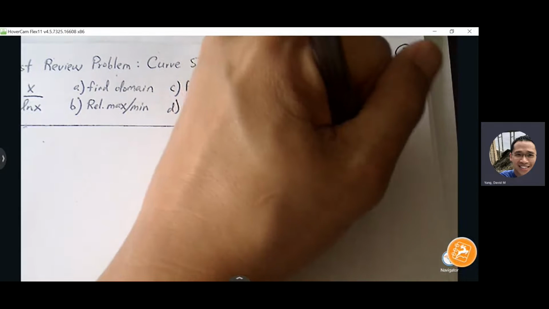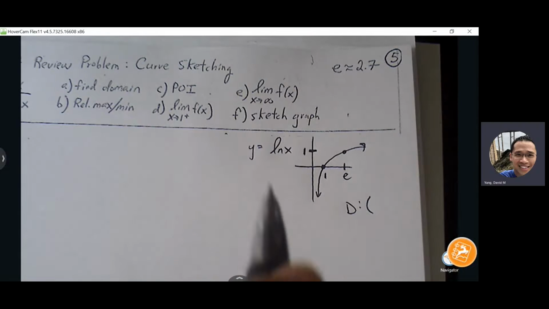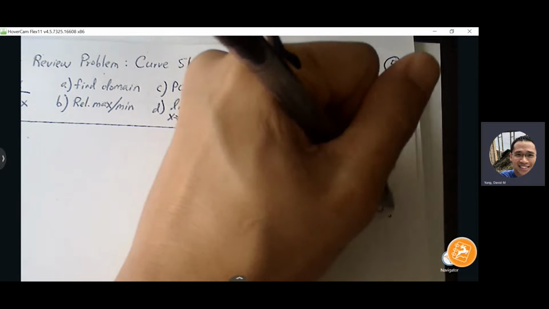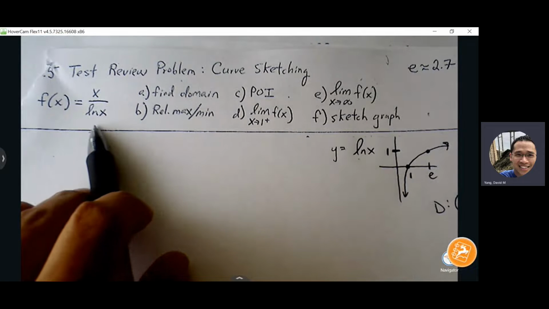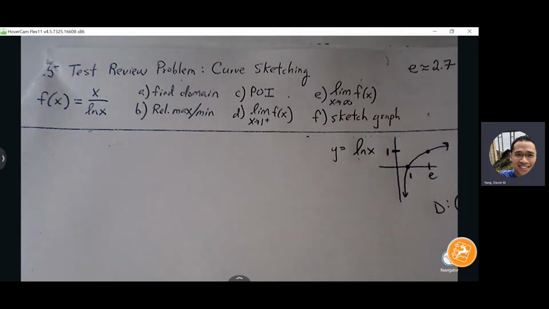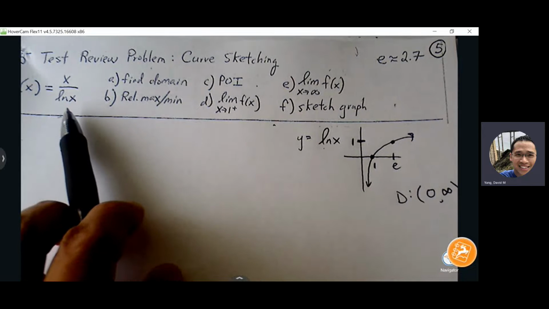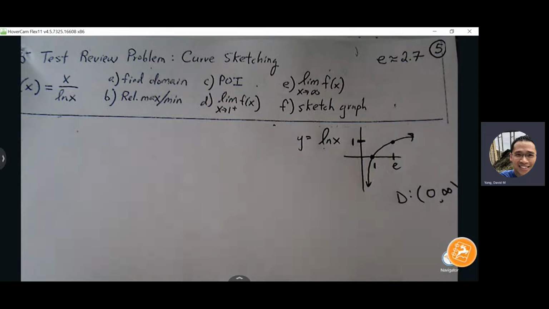What is the domain? What's the furthest left the graph goes? 0 to infinity, right? Because there's a natural log here, that's automatically going to be a restriction. There's not going to be any negative numbers that we can have here. So we already know that the domain of natural log is from 0 to infinity.